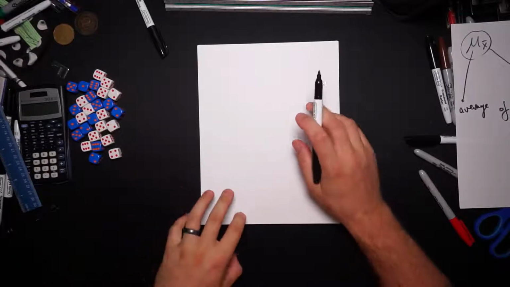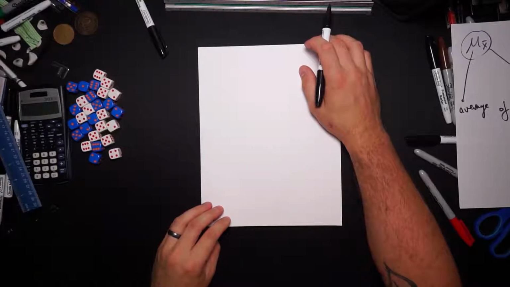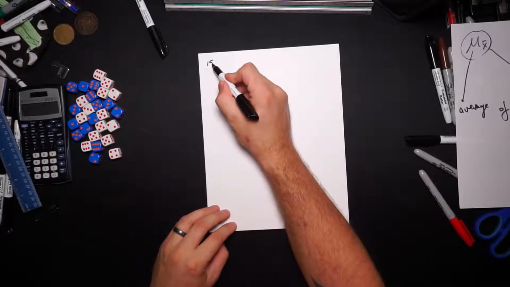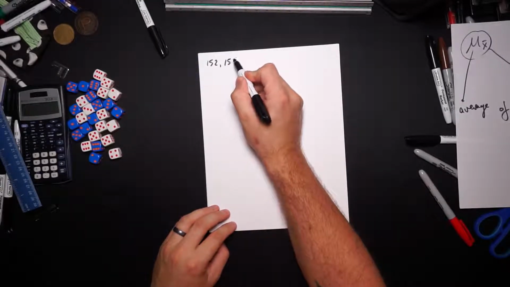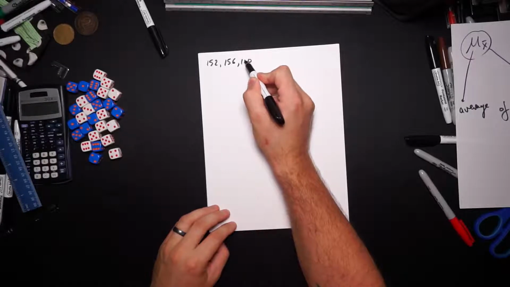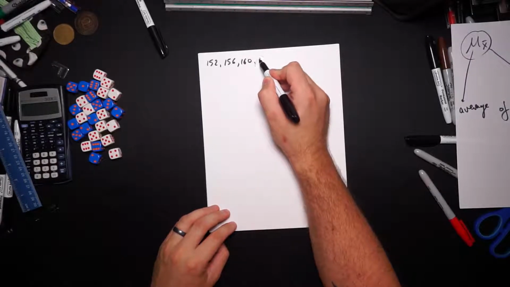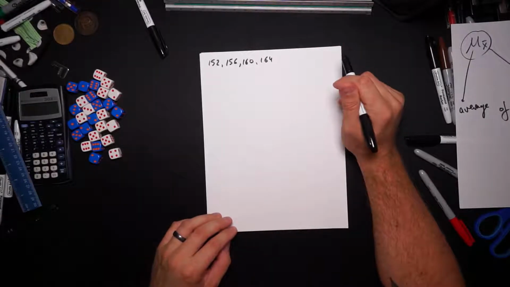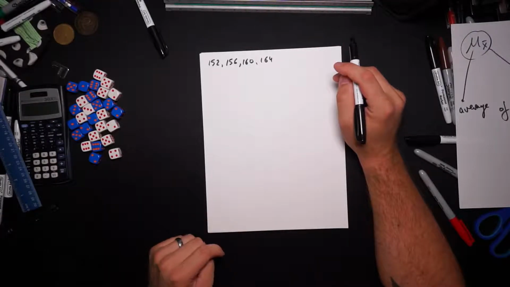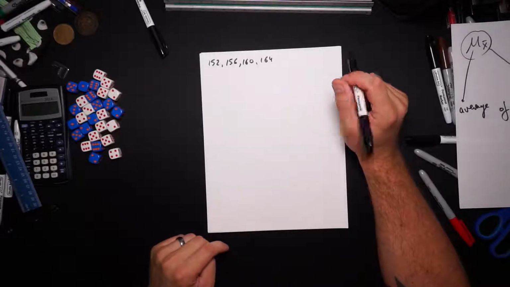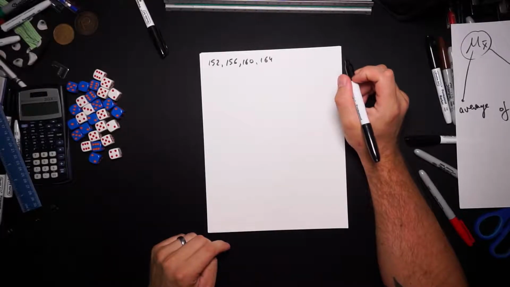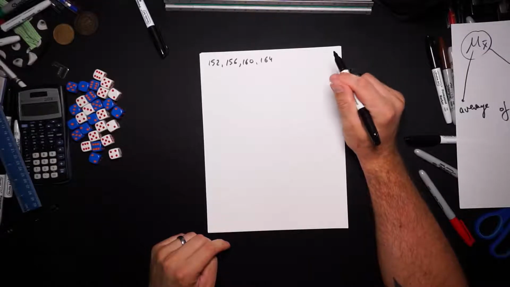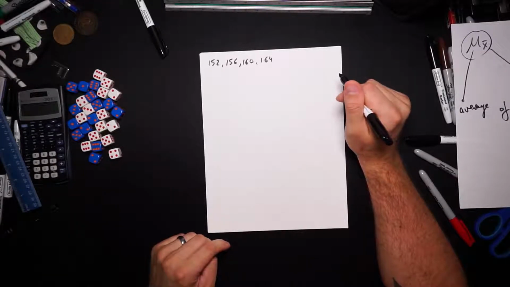Example 1 says we have 152, 156, 160, and 164. Find all possible random samples with replacement of size 2 and compute the sample mean for each one.